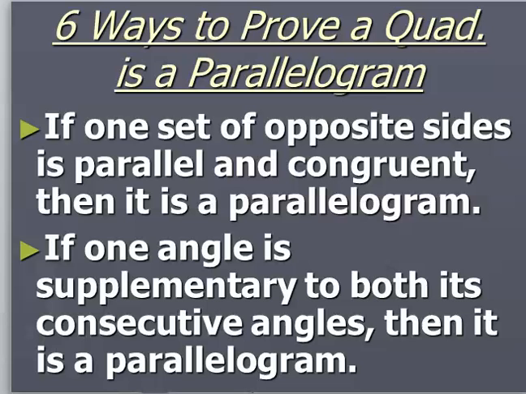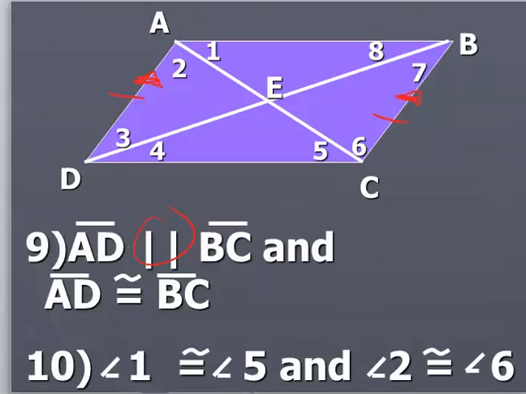So going back to example 9, I have the same pair of sides, both parallel and congruent. So I'm going to put yes, and I must tell why. So I'm going to say opposite sides are both parallel. 2 lines are parallel. And you can use the symbol for congruent. So yes, that is a parallelogram.